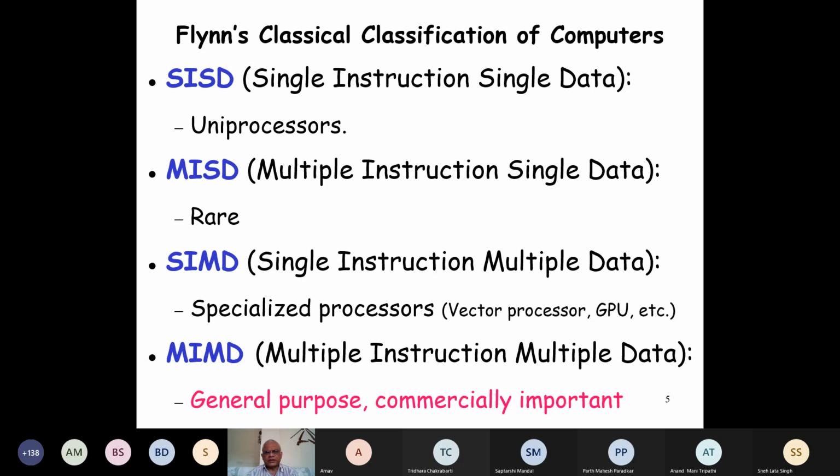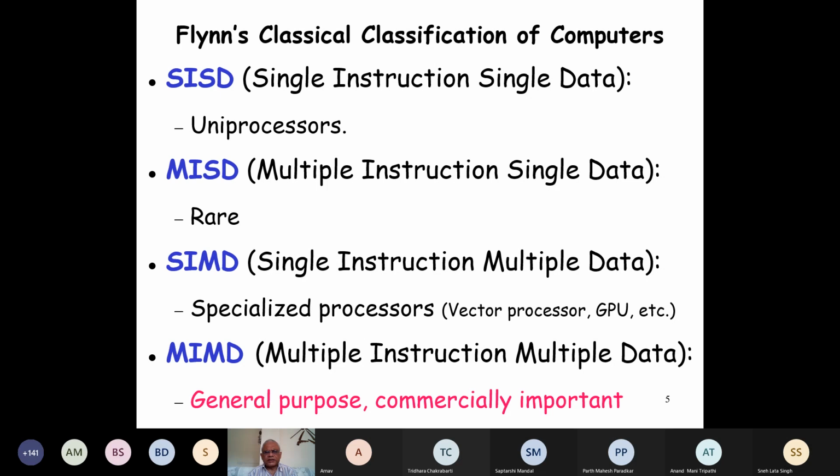These are the uniprocessors. Multiple instructions at a time, but operating on a single data, these are rare processors. Single instruction and multiple data: a single instruction working on multiple data elements, which we call data parallel computation. In Flynn's classification, these are the SIMD computers, or single instruction, multiple data.